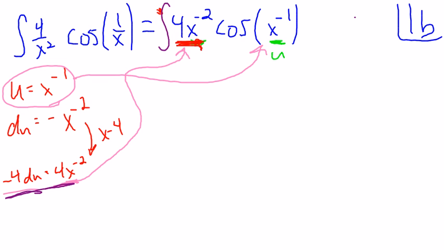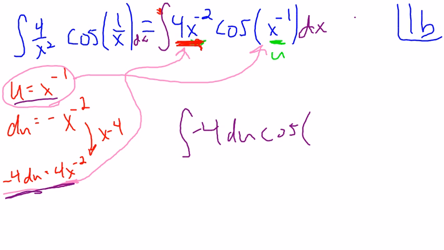Oops. And dx. Way to go. All right, so I'm doing the integral of negative 4 du times cosine of, my u is here, and that replaces that, cosine of u.